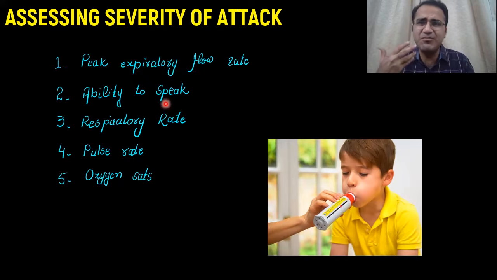You can check their ability to speak, whether they are able to complete their sentences or not. You can check their respiratory rate, which will be high, their pulse rate, and their oxygen saturation, which will be low. These are the things that help you assess the severity of asthma.